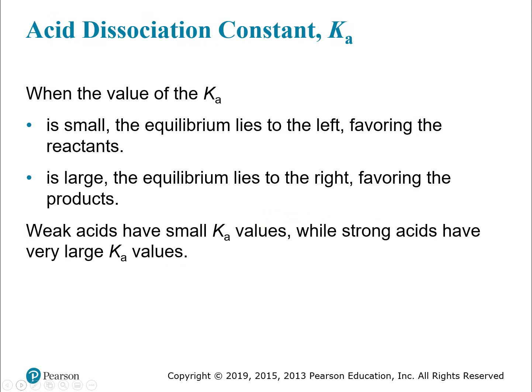Now, there's some things that we can predict based on how big or small the Ka value is. So I'm going to rewrite the equation that we just had before. We're going to keep using it as our example. There's formic acid and some water.